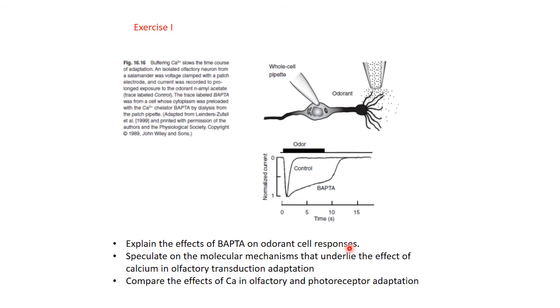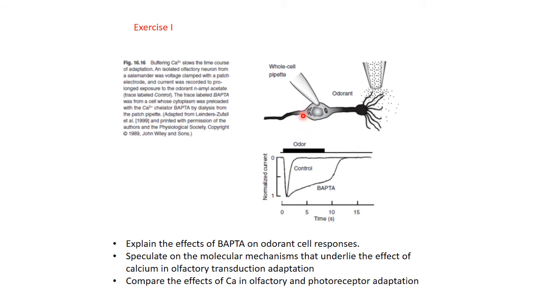Now there are many aspects of olfactory receptor neuron adaptation that remind us of phototransduction or photoreceptor adaptation. Here is an interesting experiment in which a whole cell pipette is used to record the odorant responses. So application of odor here elicits this response in this olfactory receptor neuron.